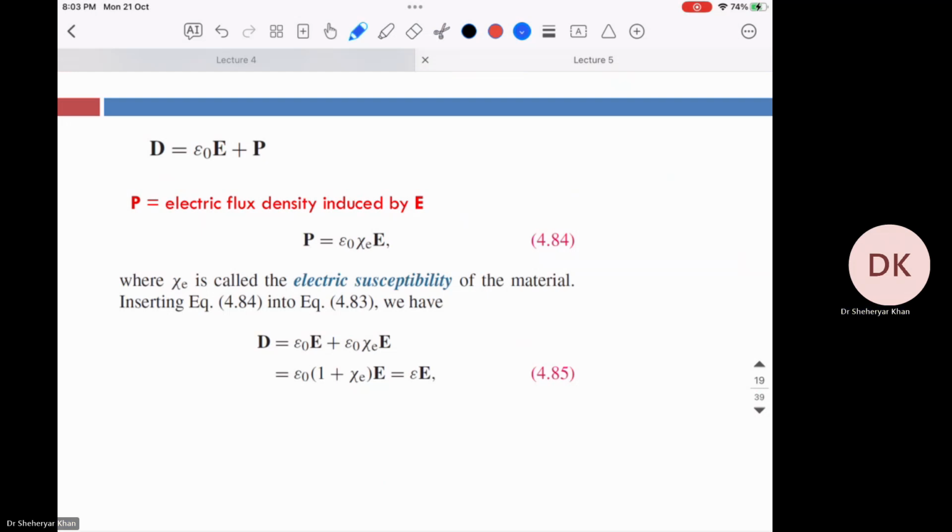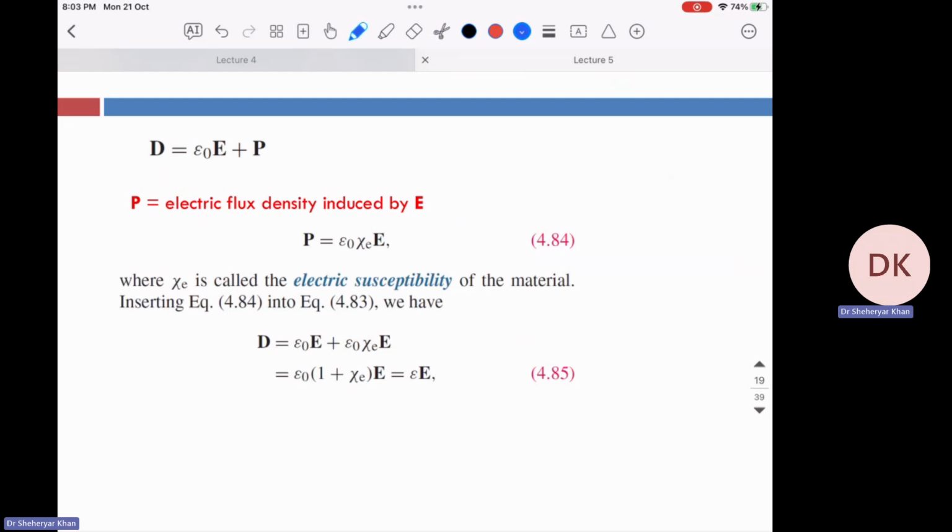There's a derivation in physics, but we are not going into it. Now we need a new quantity; in physics, we usually prefer to call it the displacement field D. Now this is equal to epsilon naught E plus the polarization P. Understand?